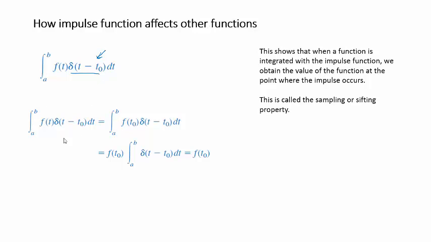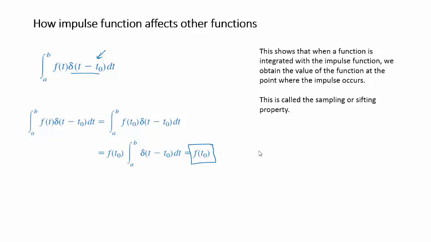So when I integrate this, the function only has value at time t0, so it's just the function evaluated at some discrete time, which would just be a constant. Therefore it comes out of the integral, and we already know the integral of the delta is 1. So the net result of integrating a function times an impulse function is that we obtain the value of the function at the point where the impulse occurs.